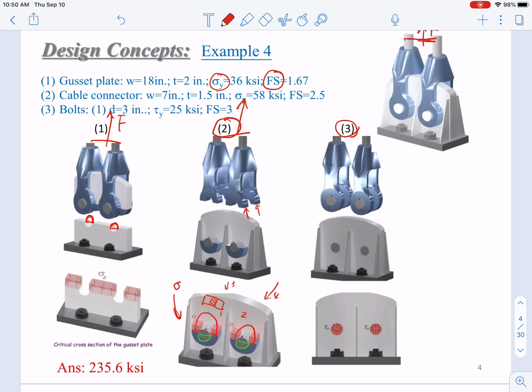You just need to get these 4 areas and calculate the shear stress. So finally, you can get how many F values? 5 of them. So you need to select the smallest one to limit the overall loading as the maximum allowable loading in this connection.